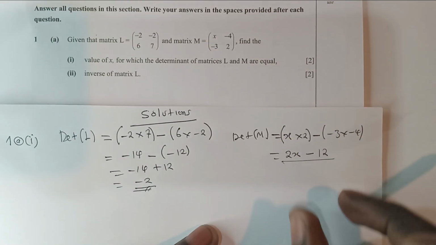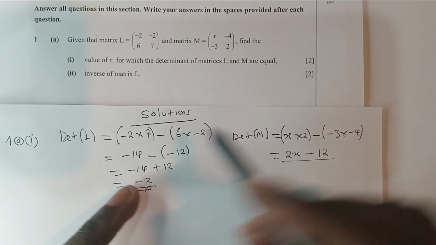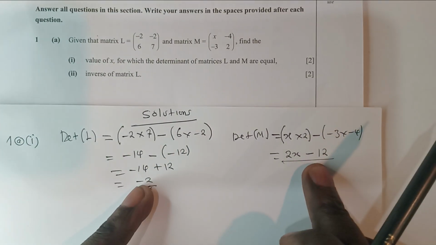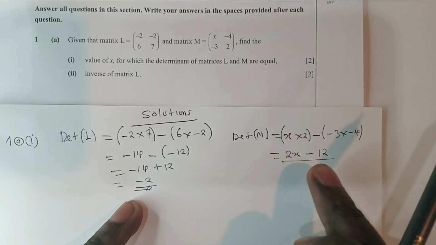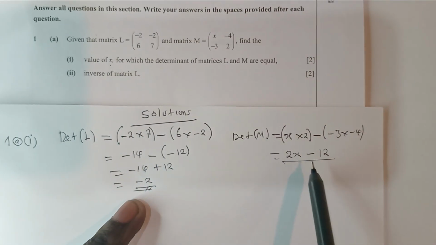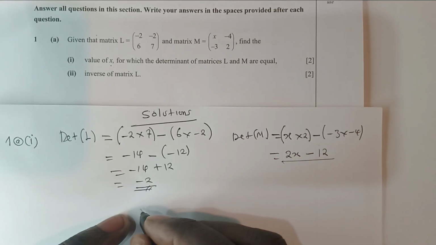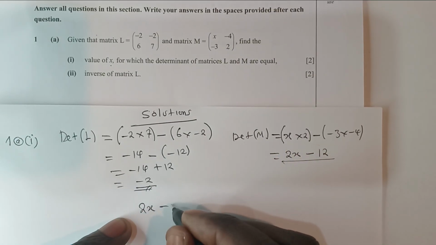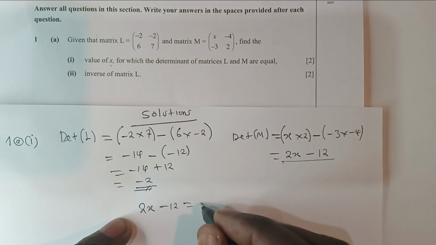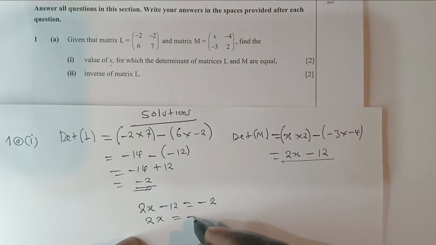So this is going to be the determinant of the matrix M. Now, we understand that this determinant of M is equal to the determinant of L. So we can equate the two parts in order for us to find the value of x. And because the question is about x, I would rather begin with the expression where we have x. So I'm going to say 2x minus 12 is equal to -2.